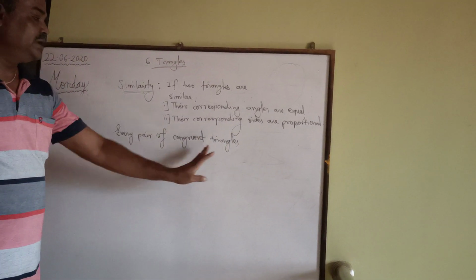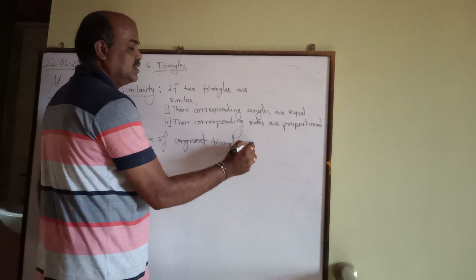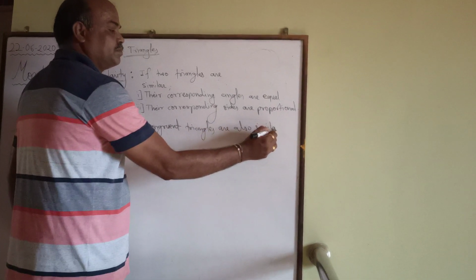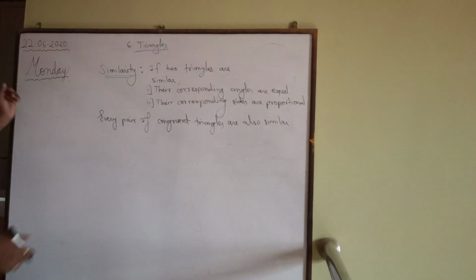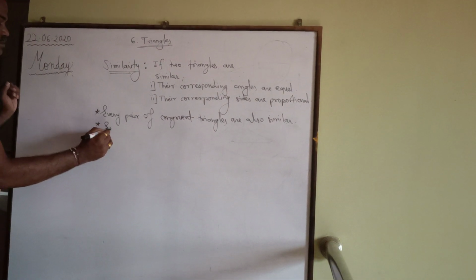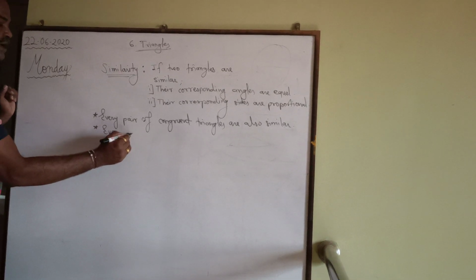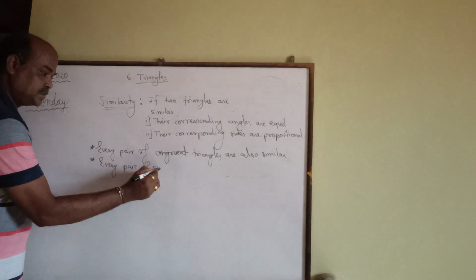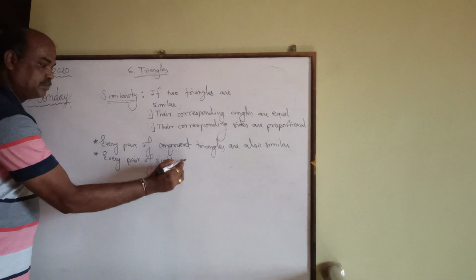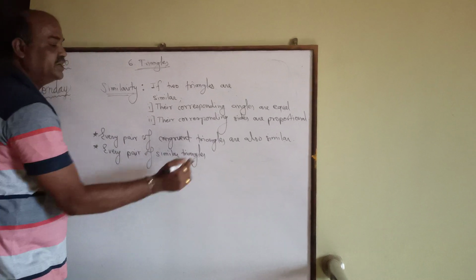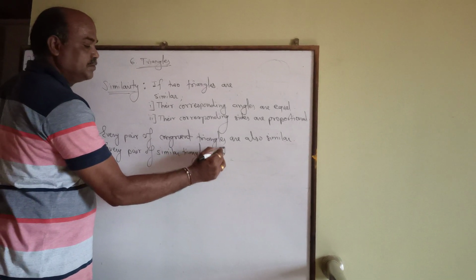Every pair of congruent triangles are also similar. And the second thing, every pair of similar triangles need not be congruent.